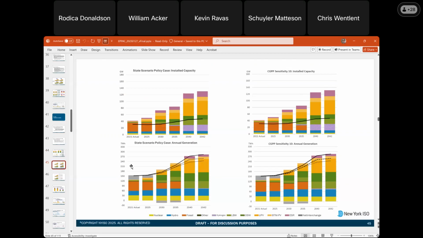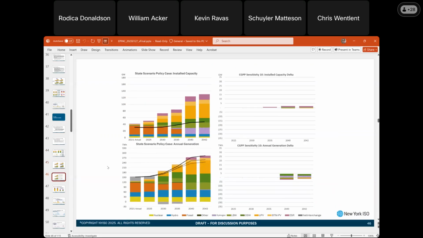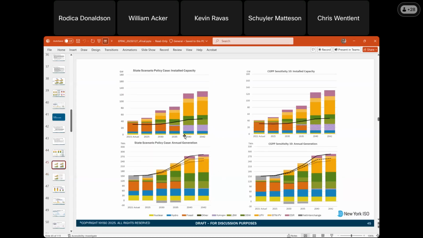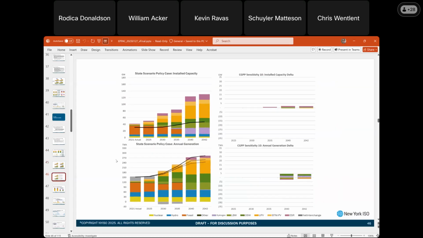When we look at the NYCA level capacity, and this next slide actually includes the delta between these two, just the capacity and generation, we're seeing additional battery primarily to serve the LCR requirement, but then also a slight increase in the offshore wind.